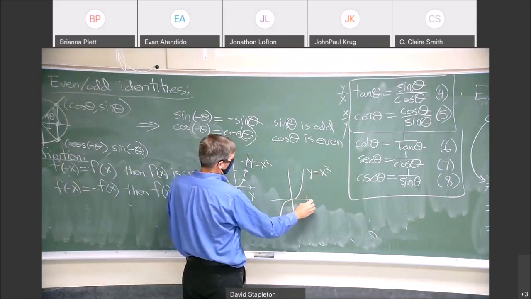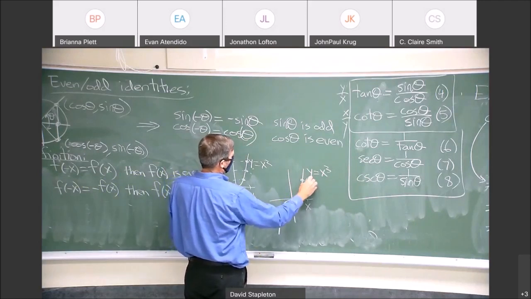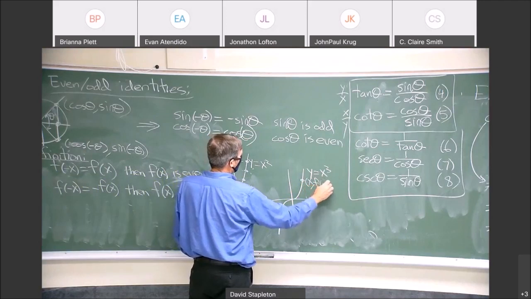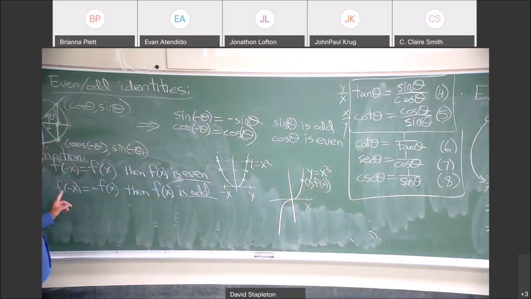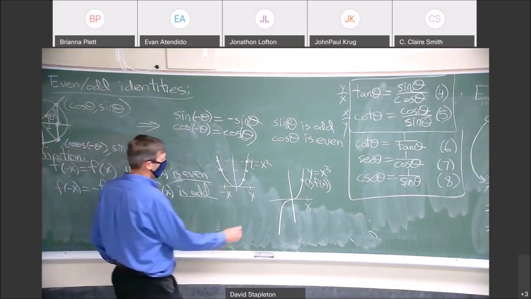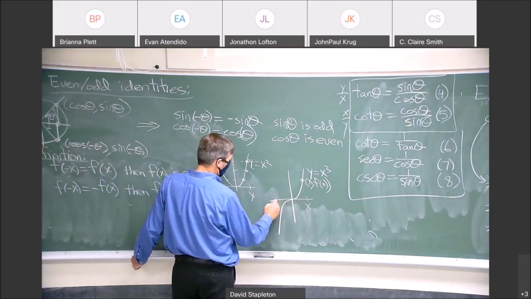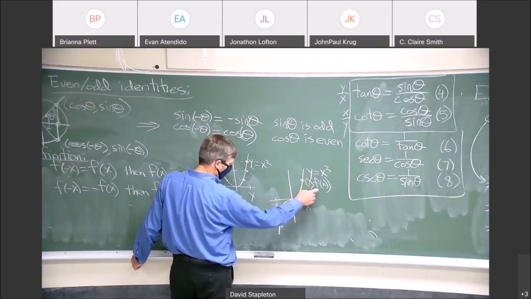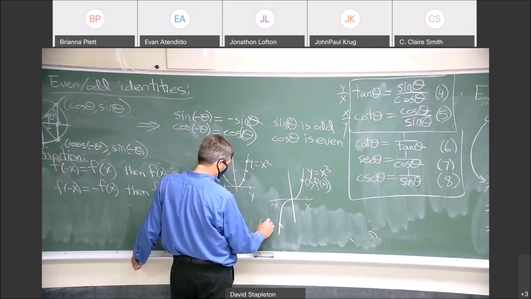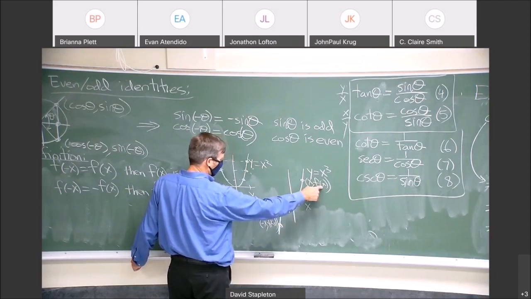If you take any x here, you get the corresponding f of x. Because f of minus x gives you minus the y coordinate you got with plus x. If you go over the same distance here to minus x, the y coordinate is just the negative of this one.